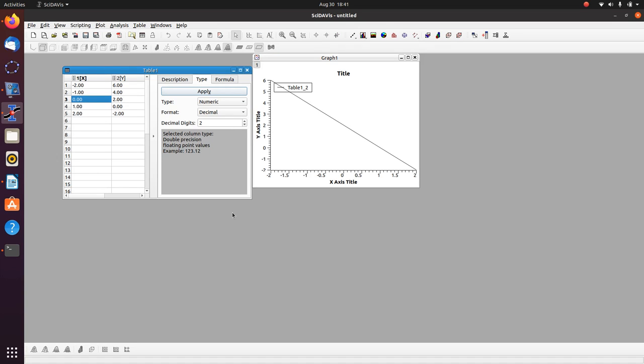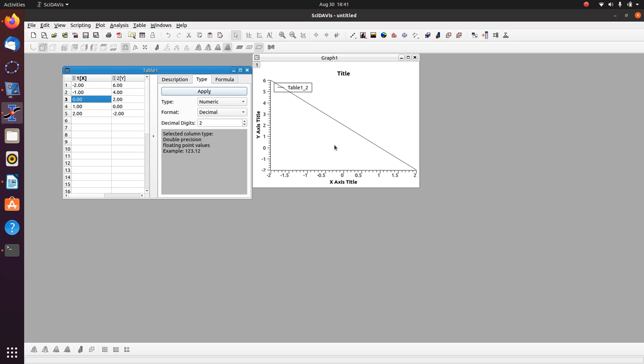So we can see here that this is where the 0 line would be on the y-axis, and this is where the 0 line would be on the x-axis, excuse me, I flipped those.